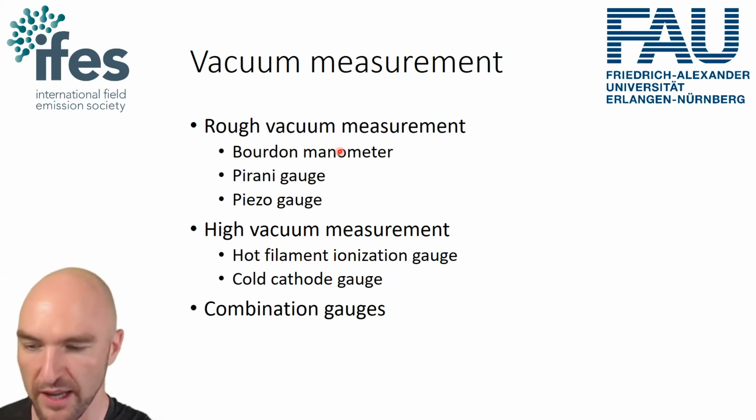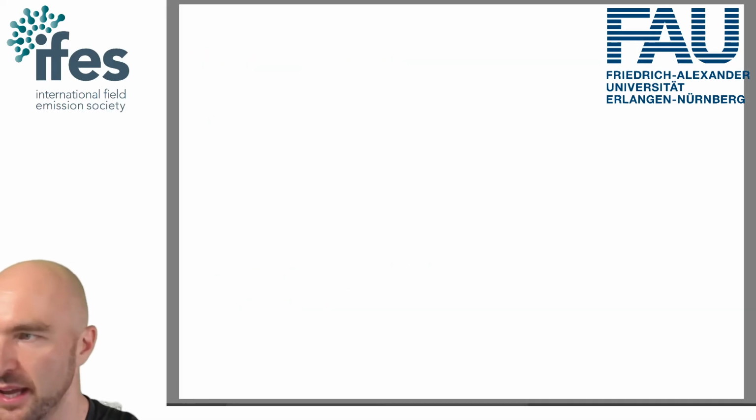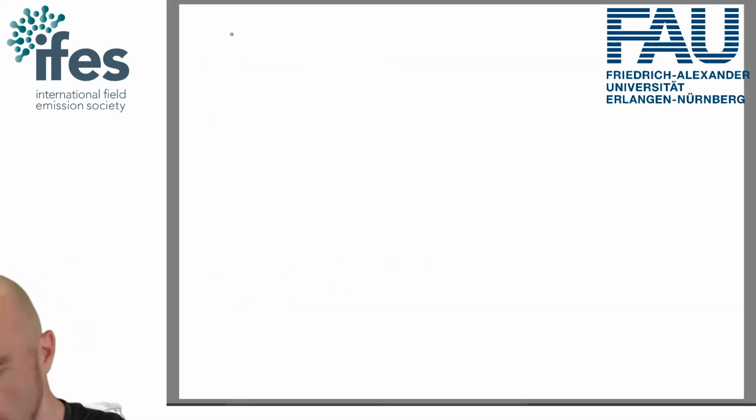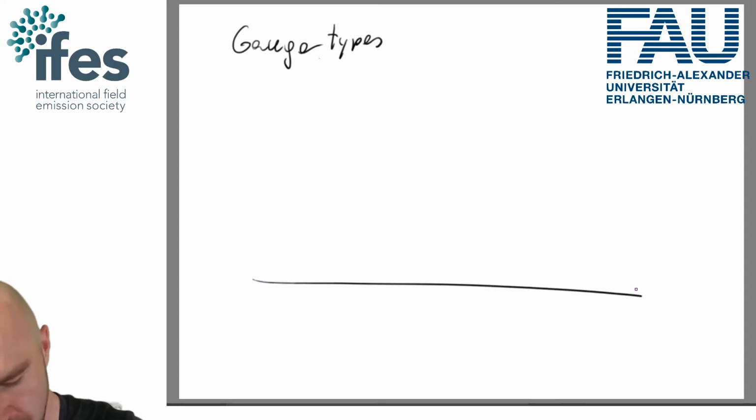So if we look at the different measurement methods that we have available in this case, we can again draw a little graph, or let's call it gauges, or gauge types. And with the gauge types, we can say, okay, at the higher end, we're at ambient pressure.